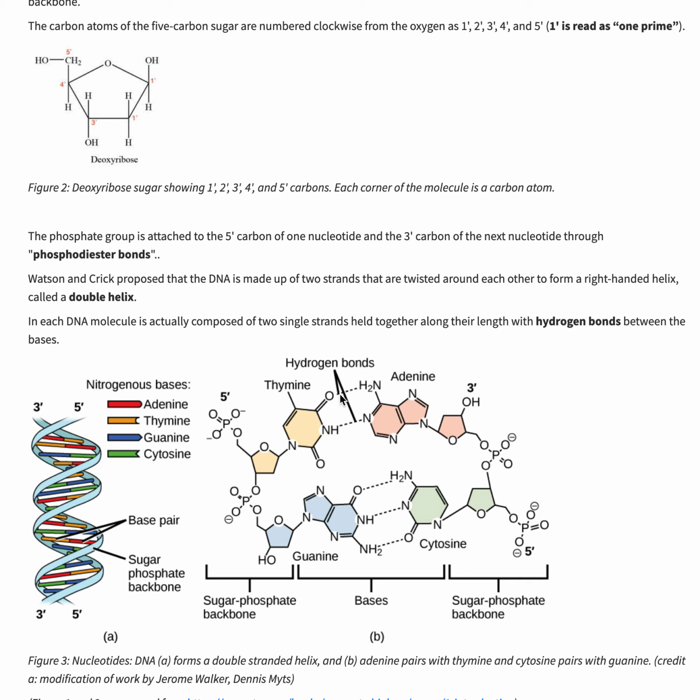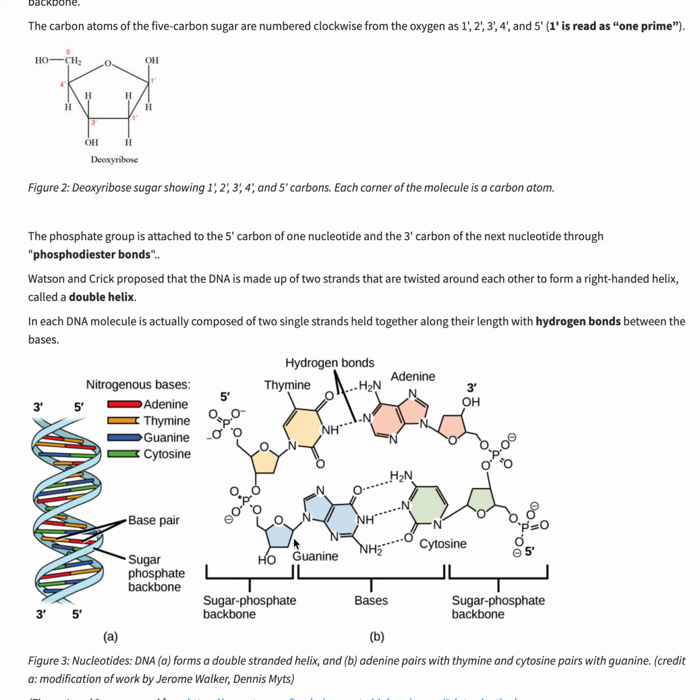One more thing to be noticed here is the hydrogen bonds between thymine and adenine. There are only 2 hydrogen bonds. But if you look at guanine and cytosine, there are 3 hydrogen bonds between guanine and cytosine. That's how the 2 strands of the DNA molecule are held together. So what did we learn here?